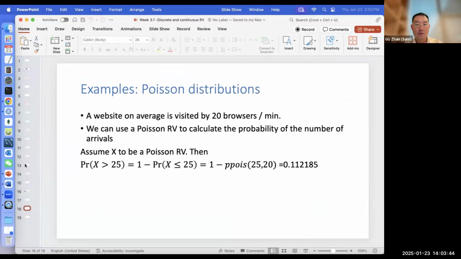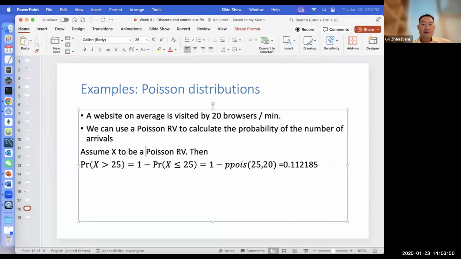We can use a Poisson random variable to calculate the probability of the number of arrivals. Assume X to be a Poisson random variable, then calculate P(X greater than 25), which is equal to 1 minus the probability of X less than or equal to 25, equal to 1 minus ppois(25, 20).